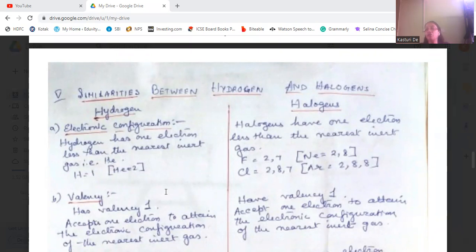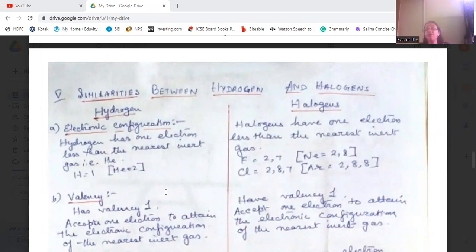The halogens also have one electron less than the nearest inert gases. Chlorine has configuration 2, 8, 7, so it is short of one electron. Fluorine, with 2 and 7, is very close to neon, which has 2 and 8 electrons in its shells. Chlorine is also one electron short of the nearest inert gas, argon.